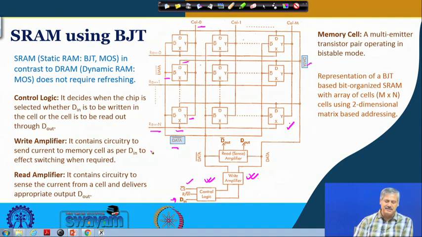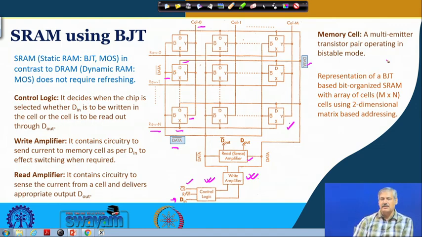We shall see what is inside. Then we have the read amplifier, the read or sensing amplifier. What is there in the cell, we would like to sense and make available to the outside world. This is a typical SRAM memory block.